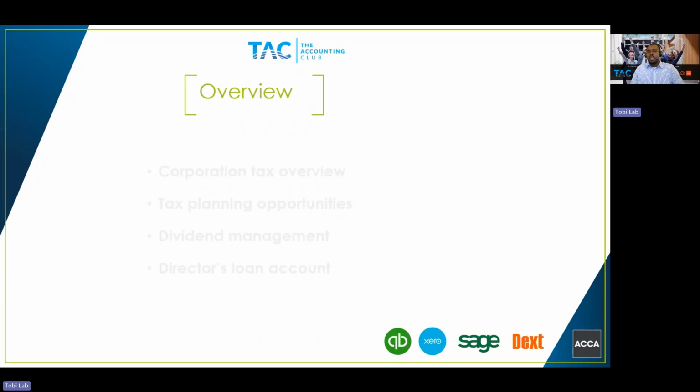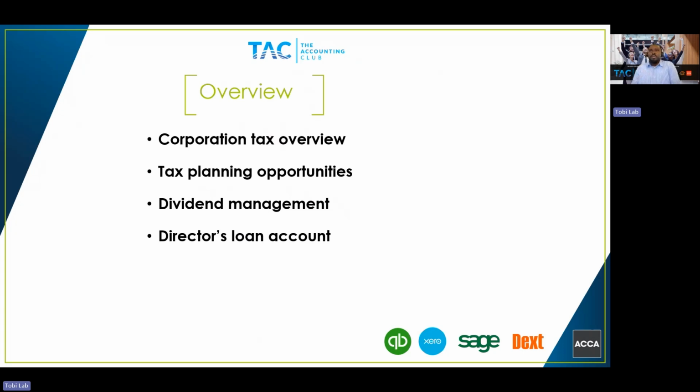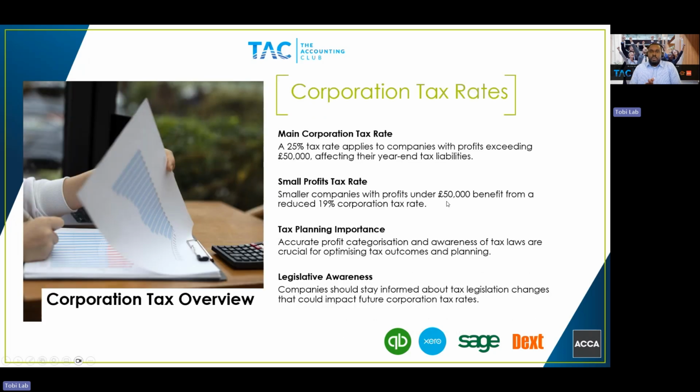Very quickly, we will go through corporation tax overview, tax planning opportunities, dividend management, and then director's loan account. On the corporation tax overview, the main rate of corporation tax is 25%. Where your profits exceed 50K, you will pay corporation tax at 25%.